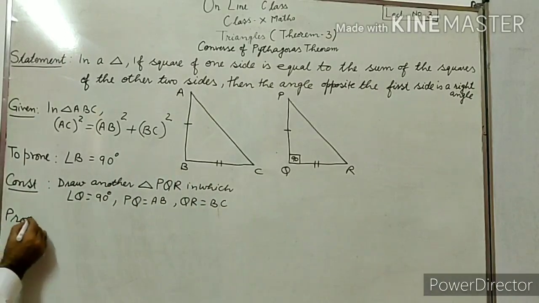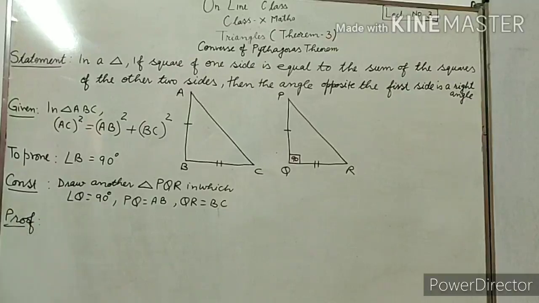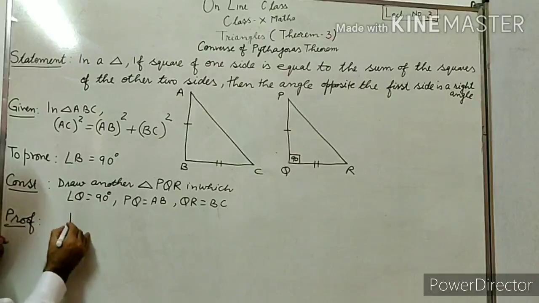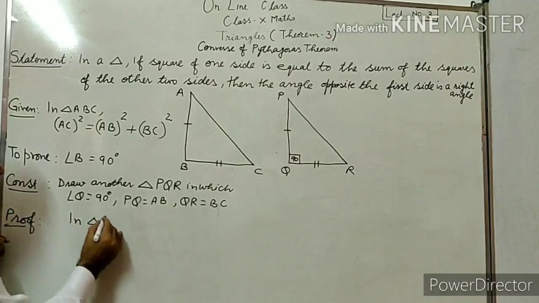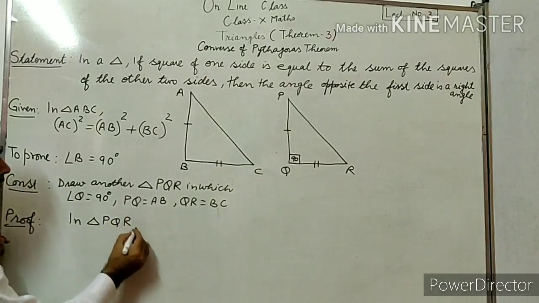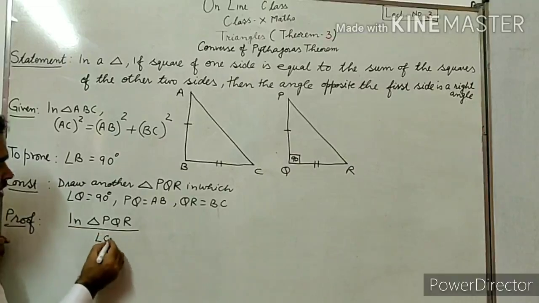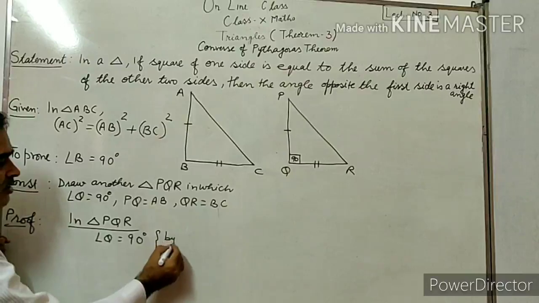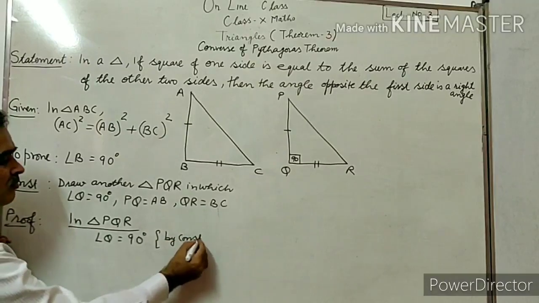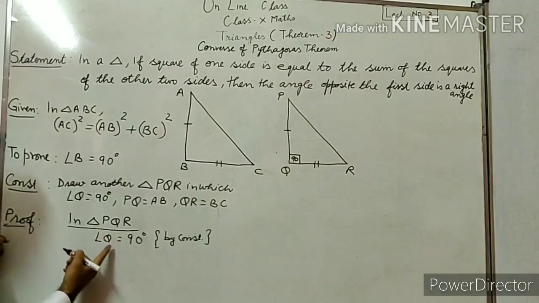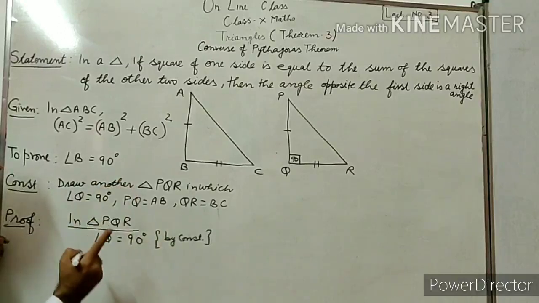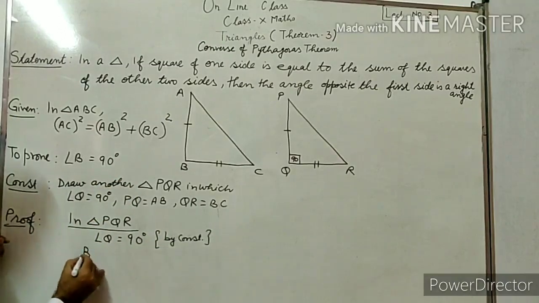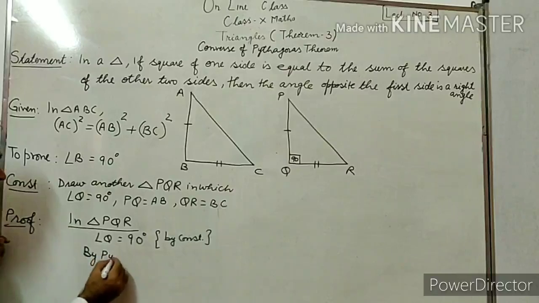Now see the proof. In triangle PQR, angle Q is 90 degrees by construction, or not? When there is a right angle triangle, then we use Pythagoras theorem. We can use Pythagoras theorem.